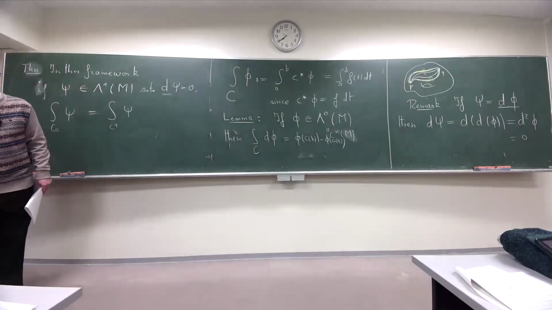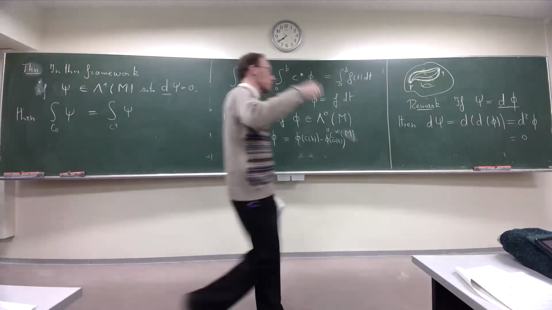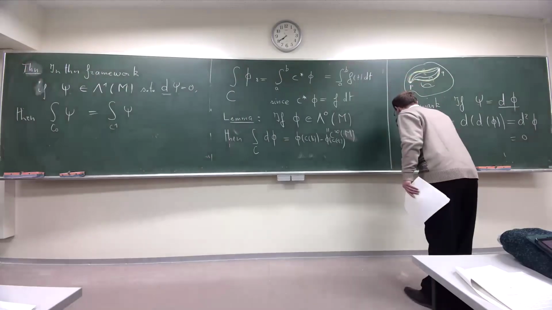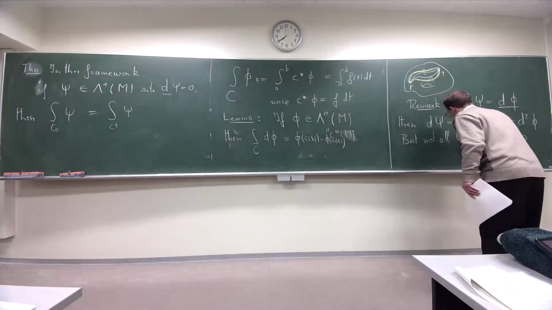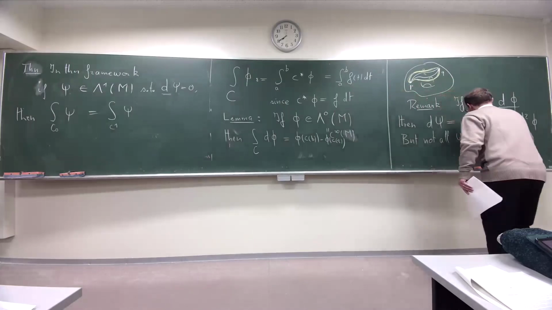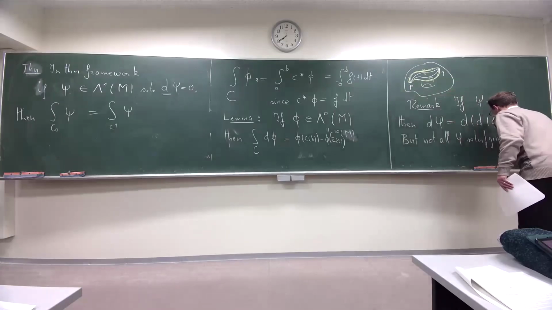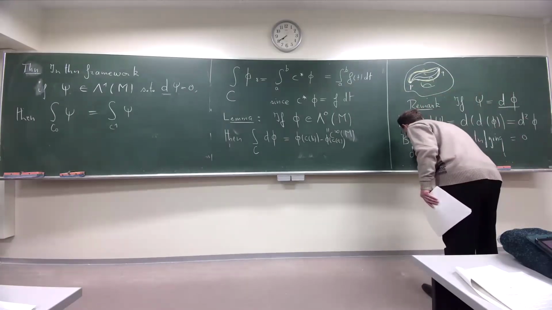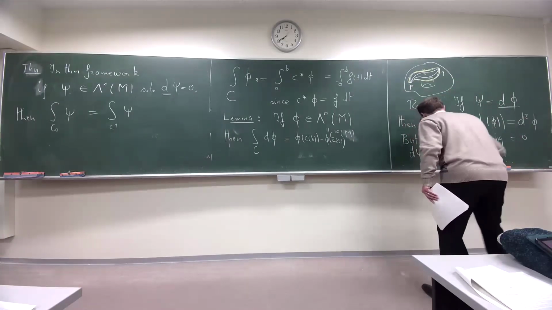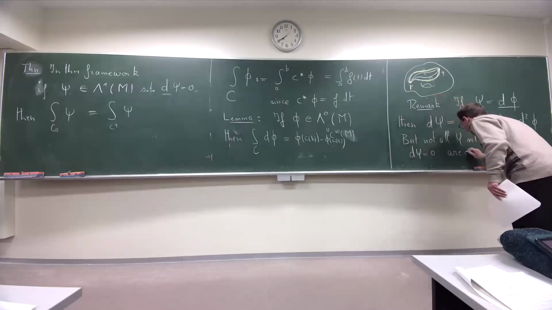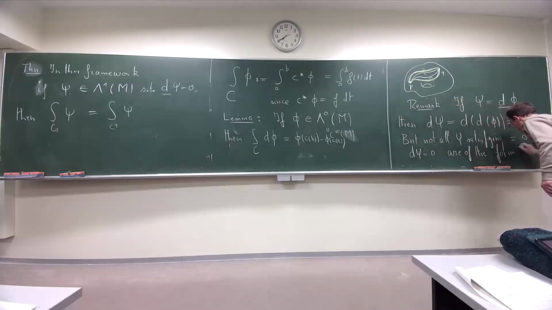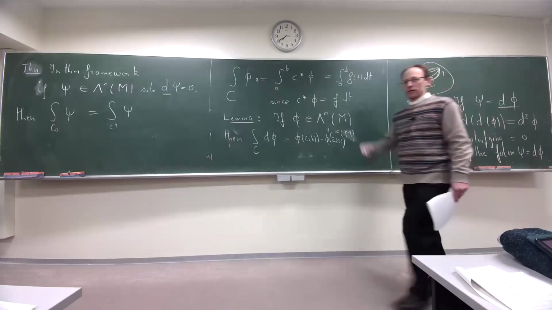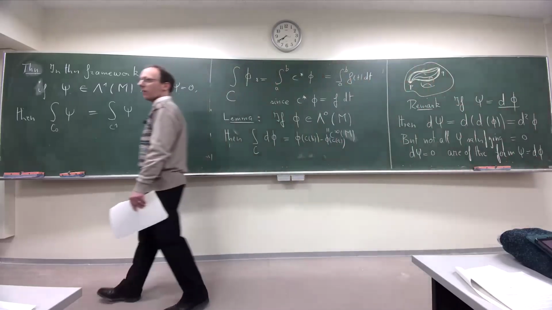But they are not all of this form, and this is related to the de Rham cohomology. Not all psi satisfying d psi equal to 0 are of the form psi is d of something. Some of them are, but not all of them.